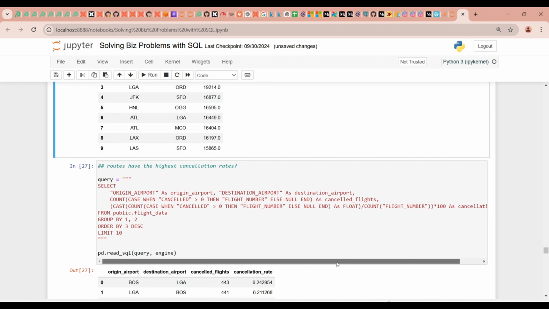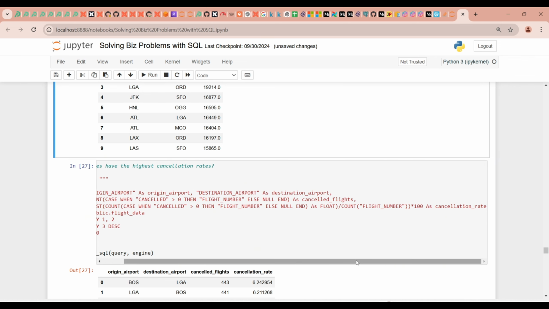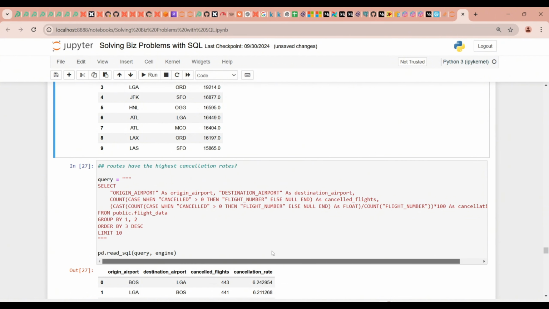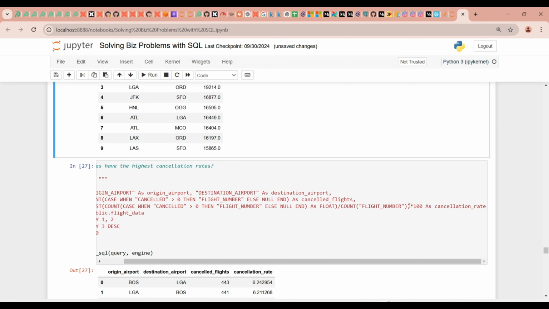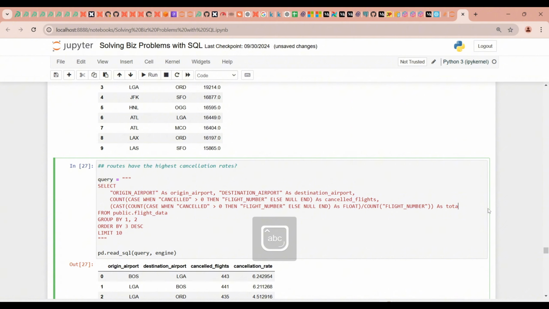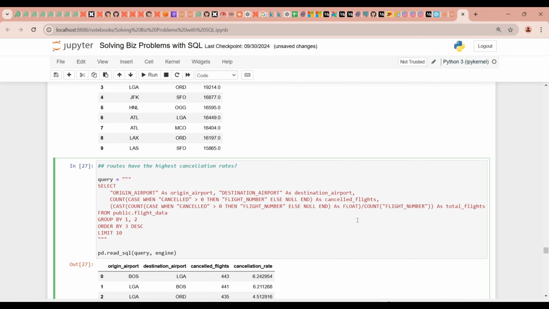Then we divide by the total number of flights for that particular route. Before we do this calculation, let's do the total number of flights. Let's call it total flights for the cancellation rates. This is the number of cancelled flights.